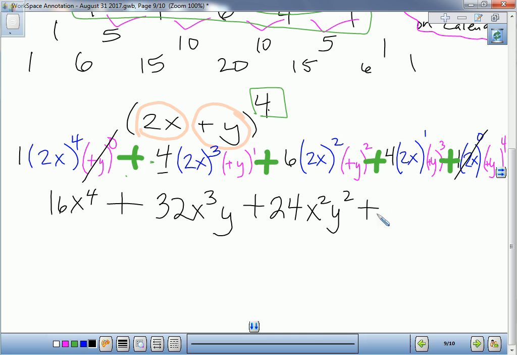Plus 4 times 2, 8. The x is to the first power, the y is to the third. Plus 1 times y to the fourth. That's just y to the fourth.